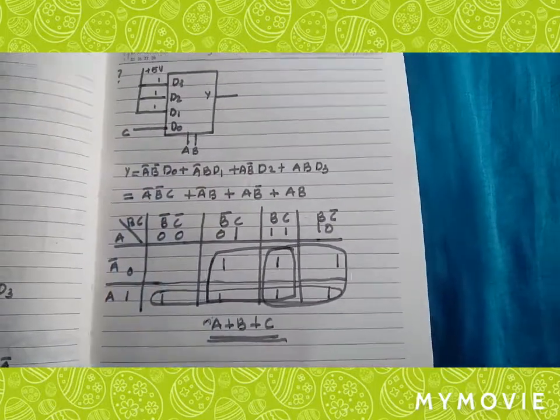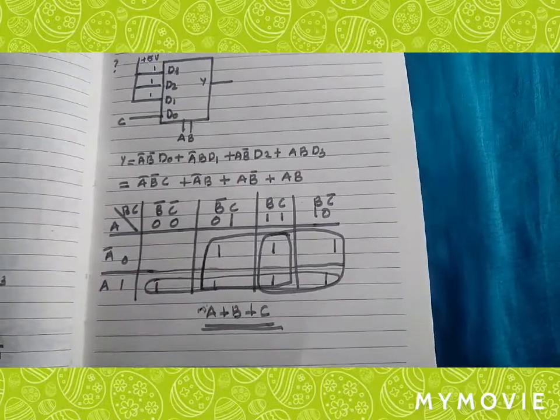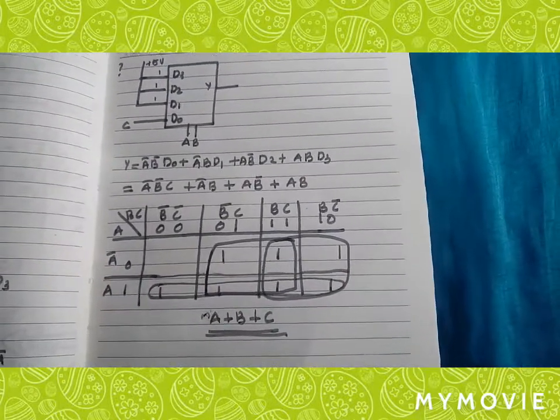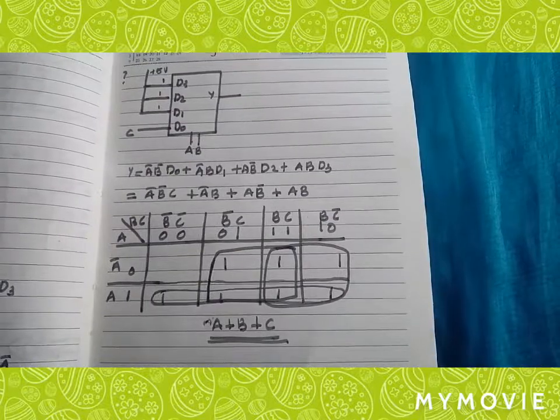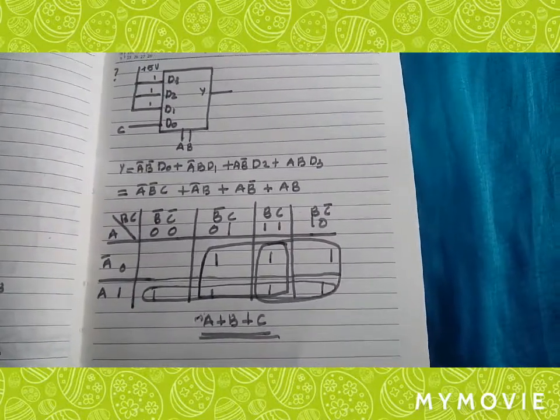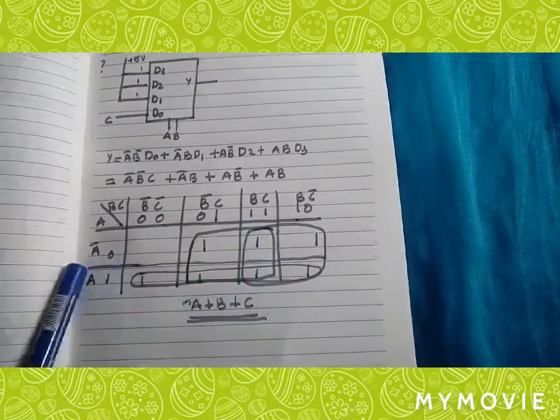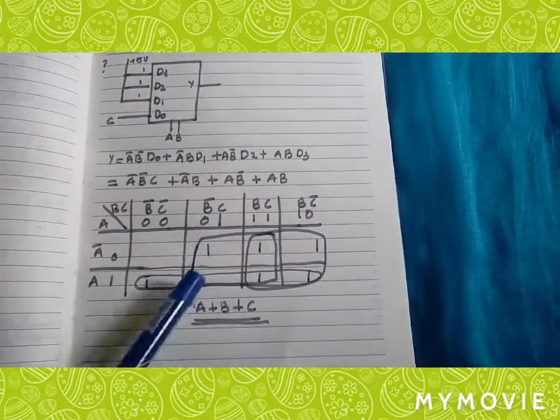So we know that the output is A bar B bar D0 plus A bar B D1 plus A B bar D2 plus A B D3, and we substitute the forms present in the inputs, that is A bar B bar C plus A bar B plus A B bar plus BC plus AB. So we can represent it in the Karnaugh map.